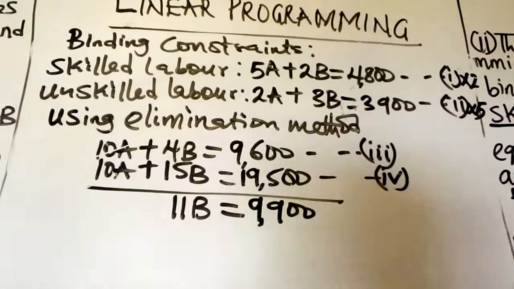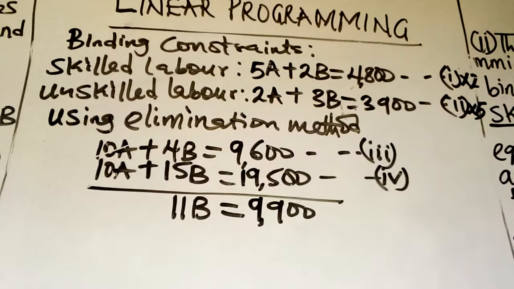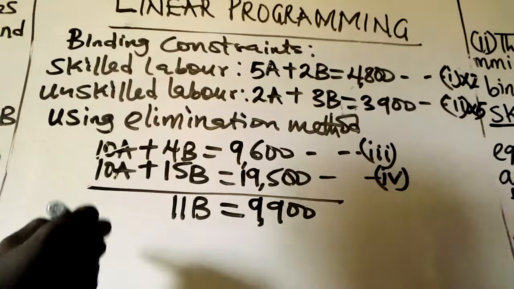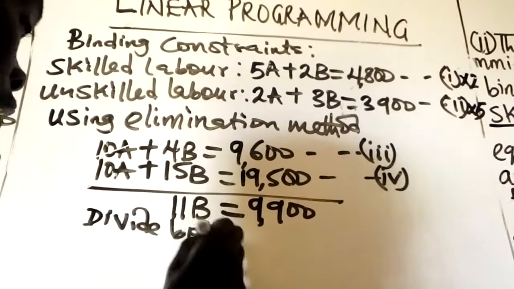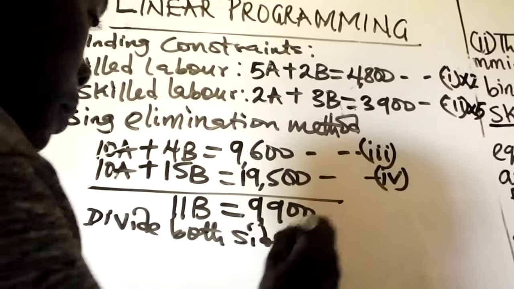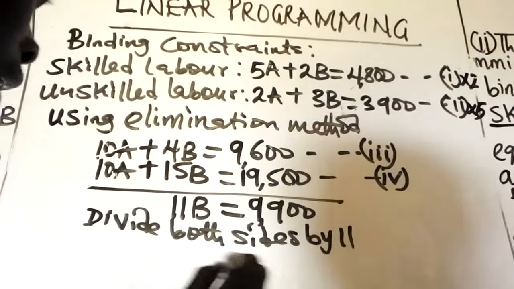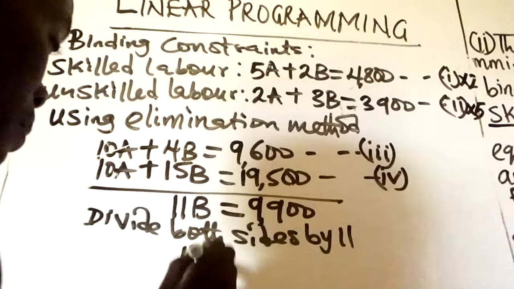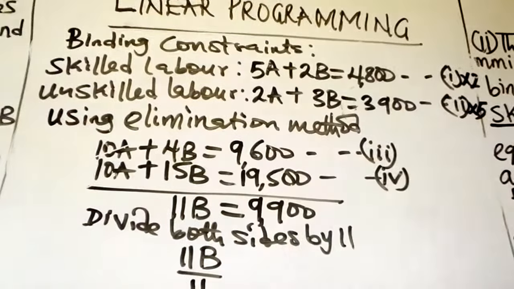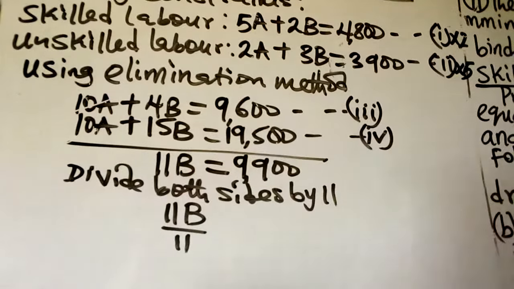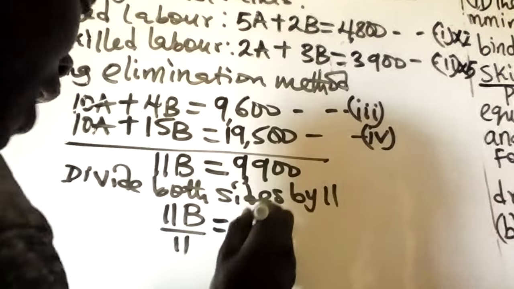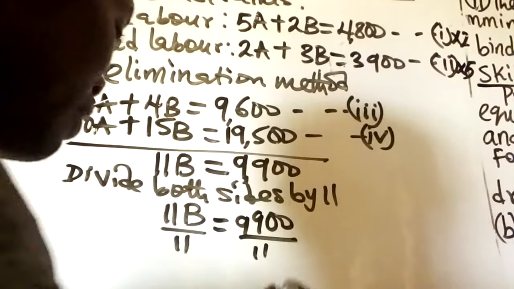Remember, you want to solve for B now. So you divide both sides by 11. 11B divided by 11 equals 9,900 divided by 11.